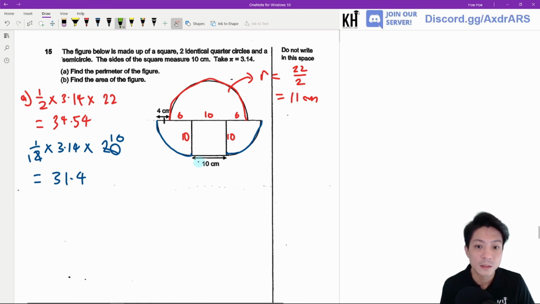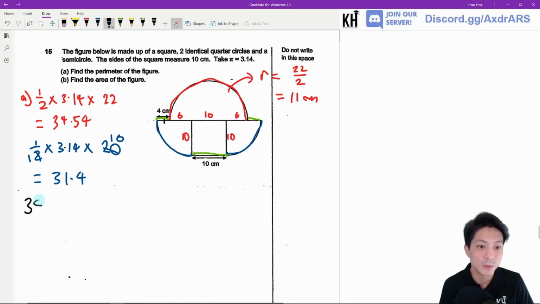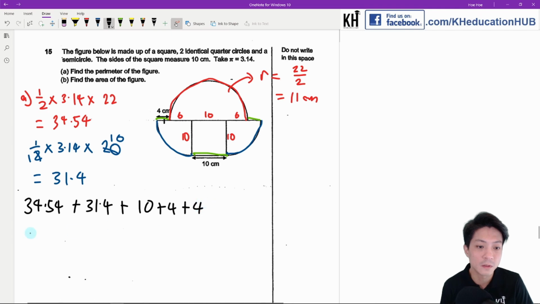Okay, then next I'm gonna add up the 10 and the 4s. Okay, so it'll be 34.54 plus 31.4 plus 10 plus 4 plus 4.